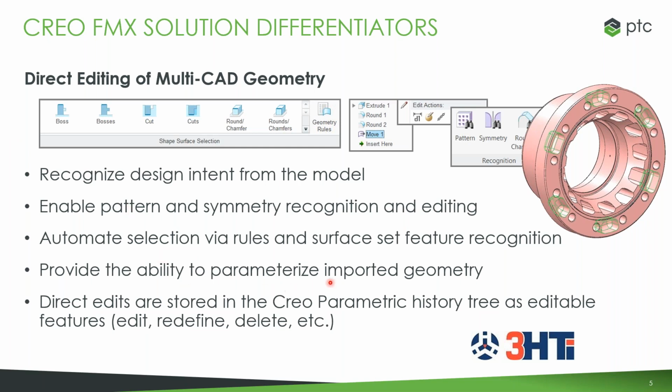Ability to parameterize imported geometry. So if I grab onto a hole here, I then have the power to define the diameter of that hole, which I wouldn't have had before. And the last point here, direct edits are stored in the history tree, so you can see that they come in as just another item in our model tree, which we can of course go back to edit or delete, whatever we need to do.